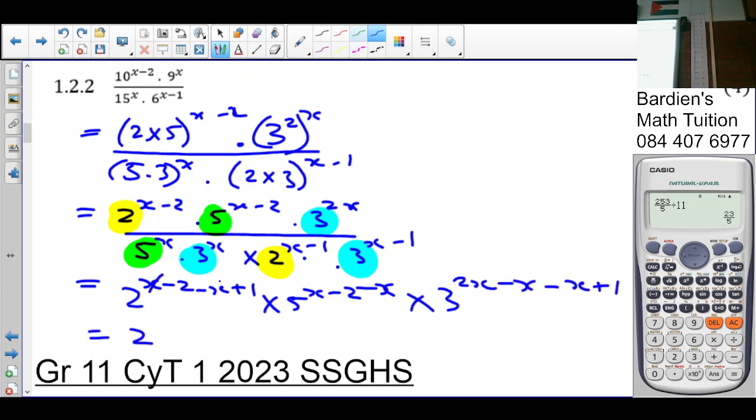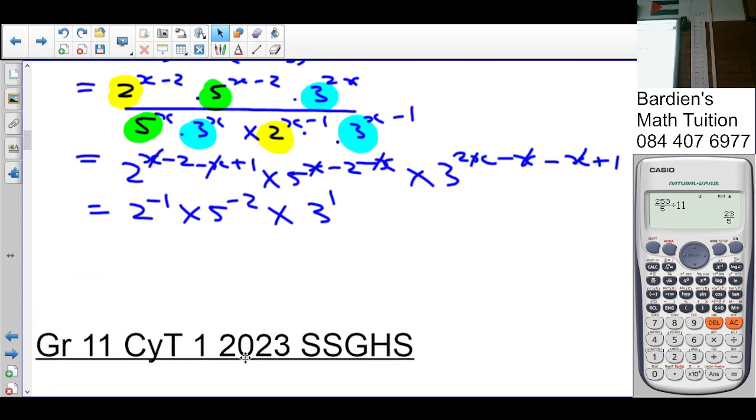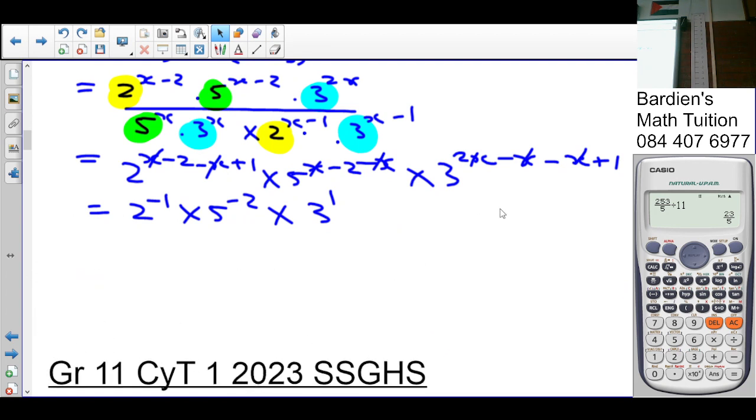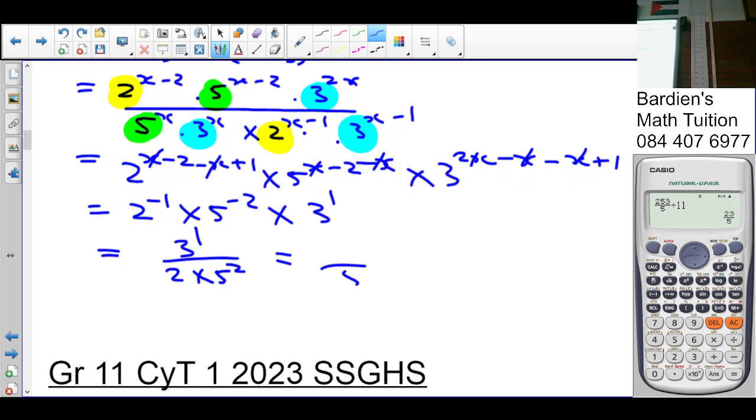So it's 2 to the negative 1, that cancels, multiplied by 5 to the minus 2, times 3 to the 1. As you can see, it has a negative exponent, so I must bring it down. So the 3 to the 1 stays on top, over 2 times 5 squared. 5 squared is 25, times 2 is 50. So it's 3 over 50.